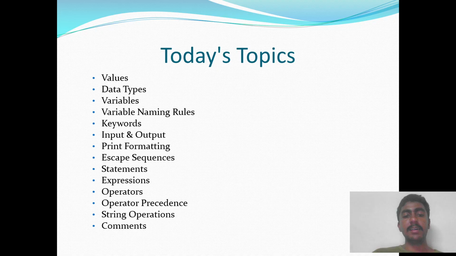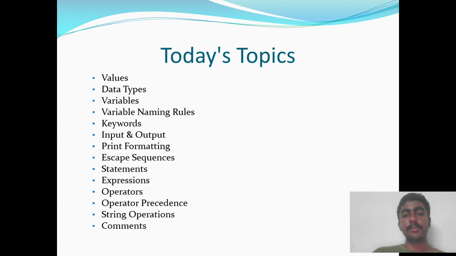Finally, we will learn about comments, which help us write clean and understandable programs. By the end of today's lecture, you will be able to write small Python programs on your own using variables, input, output, and operators.